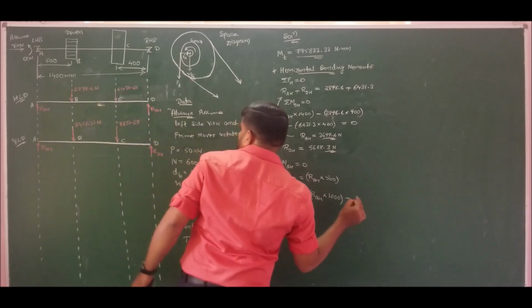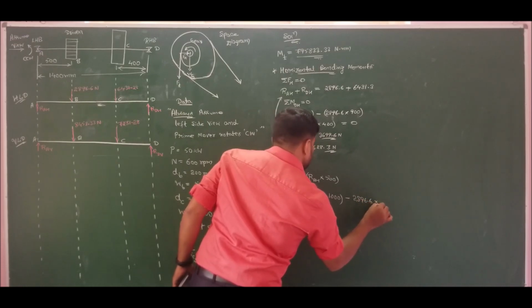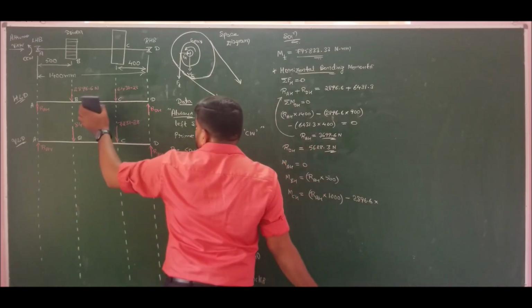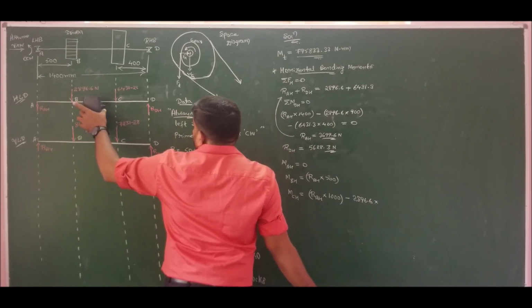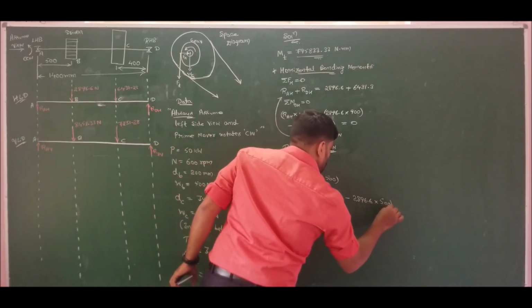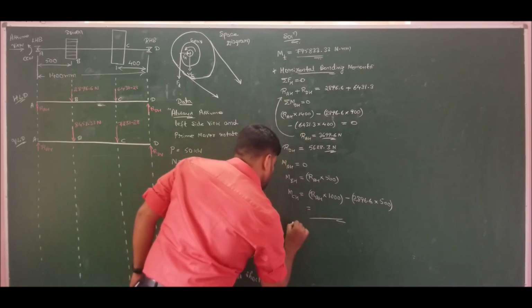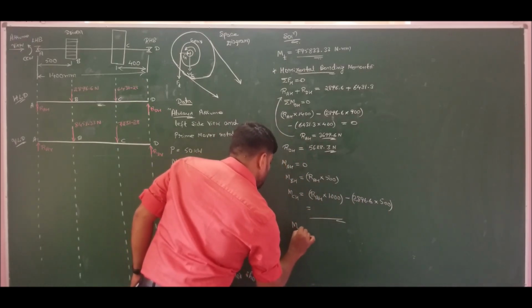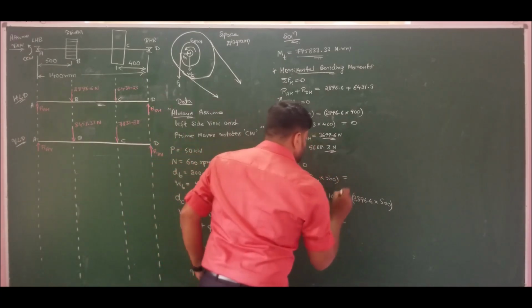Next we have counterclockwise 2896.6 into the distance, 1400 minus 500 is 900, 900 minus 400 is 500. So let me calculate this. Finally we have MDH is 0.